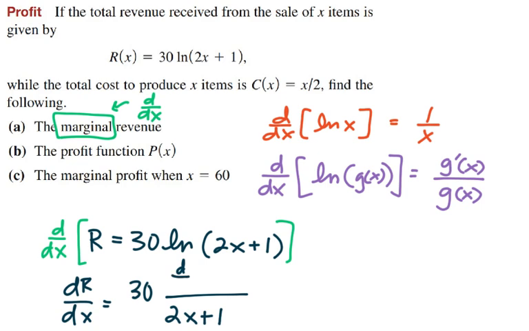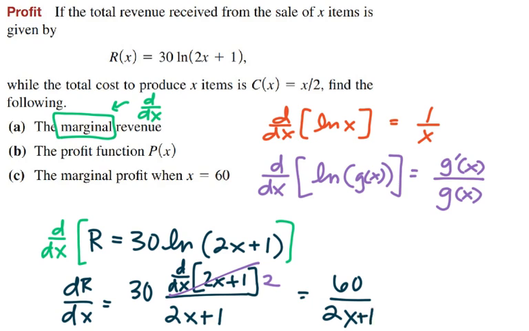In the numerator, we have the derivative with respect to x of 2x plus 1. Of course, we see that that derivative is just 2. So we end up with 2 times 30 gives me 60 over 2x plus 1. This is R prime of x, or my marginal revenue function, 60 over the quantity 2x plus 1.